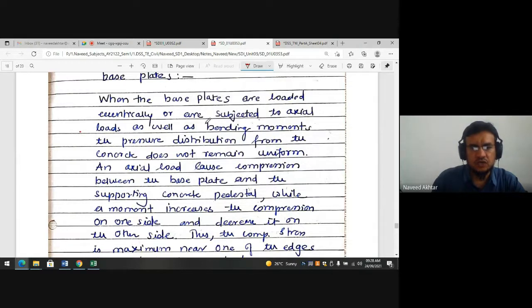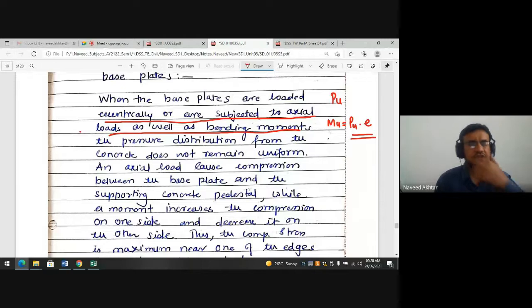So you can see the axial load is there, and definitely there is load PU and moment MU also acting, which is nothing but PU into E, where E is the eccentricity. Due to eccentricity of loading, there is moment.